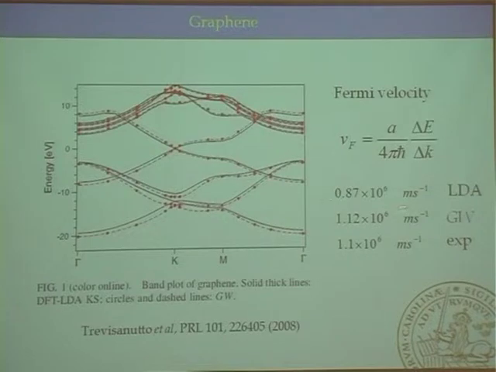You find that the LDA underestimates the Fermi velocity, but the GW gives a rather accurate result for this system. But then this is for free graphene. I'm not so sure about this because I have not read the paper carefully. I just looked at the plot of the results.